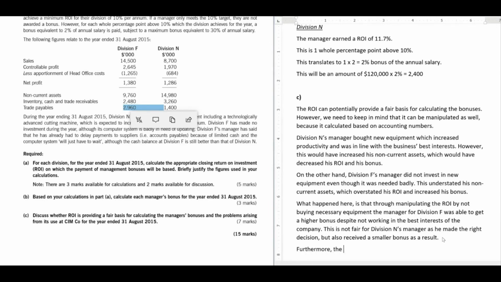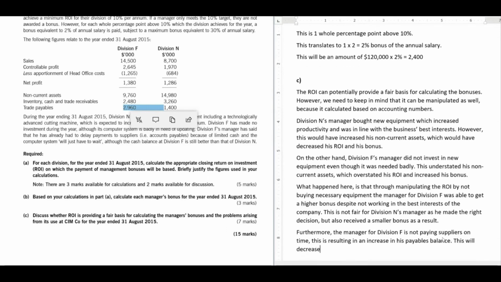Furthermore, the manager for Division F is not paying suppliers on time. This is resulting in an increase in his payables balance, right? This will decrease the overall capital employed, which in turn will increase the ROI and the manager's bonus.